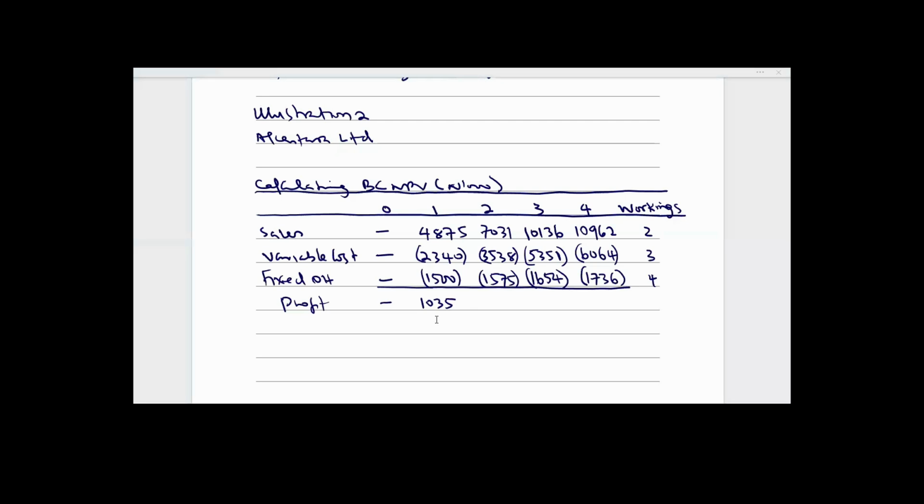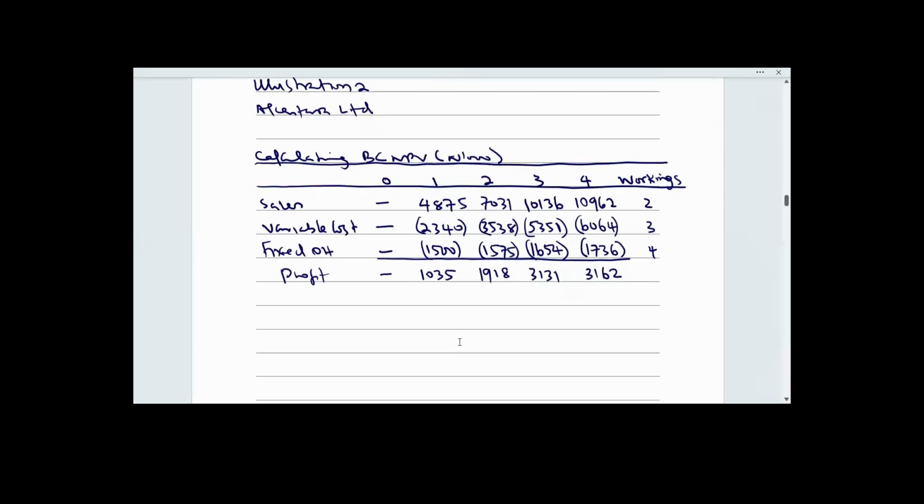Second year is what? 1918. The last year, 3162. So that represents the taxable profit.